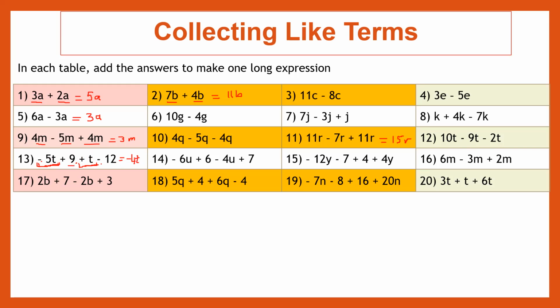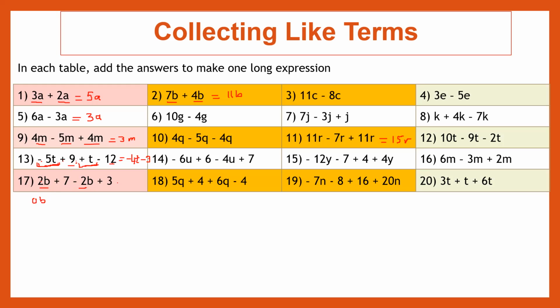Then we add the numbers together. Again, each number takes the sign before it. So positive 9 plus negative 12 gives you an answer of negative 3. Let's look at this question here. Question 17. 2b and negative 2b is 0b, right?